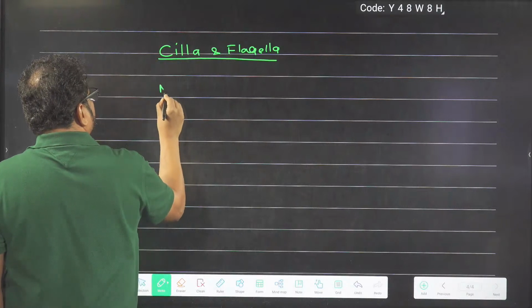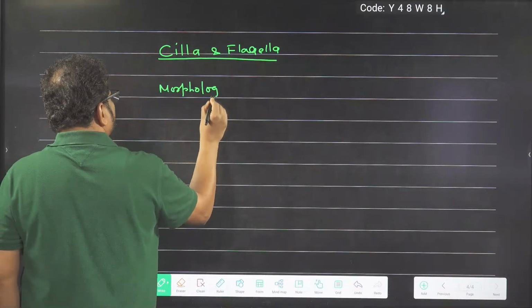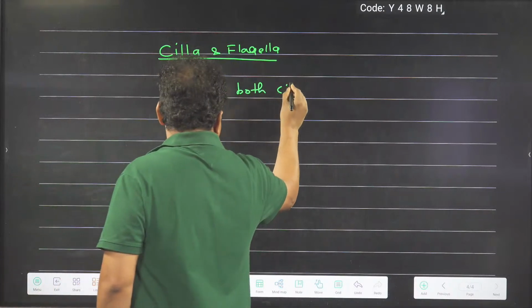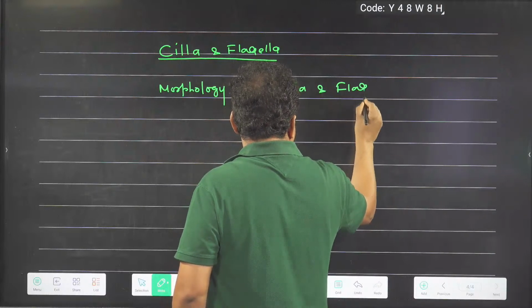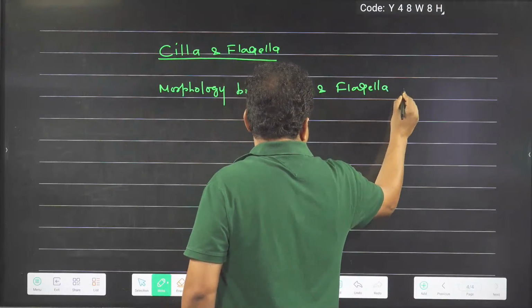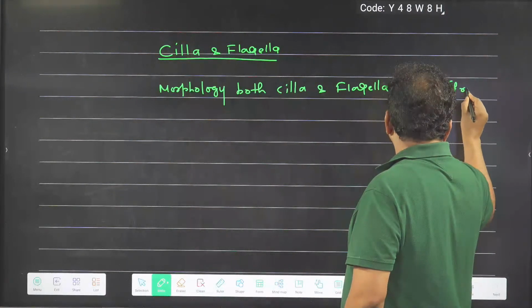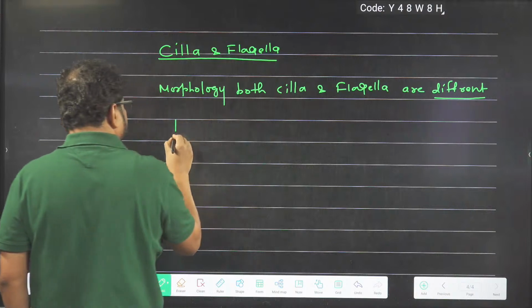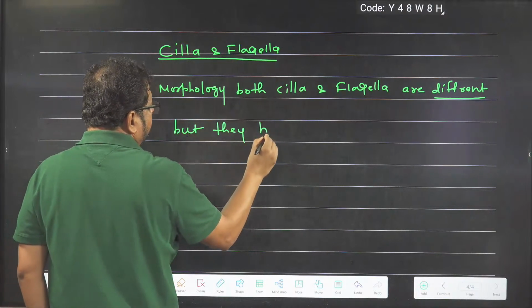So morphologically, means from outside, both cilia and flagella are different. But they have the same ultrastructure.